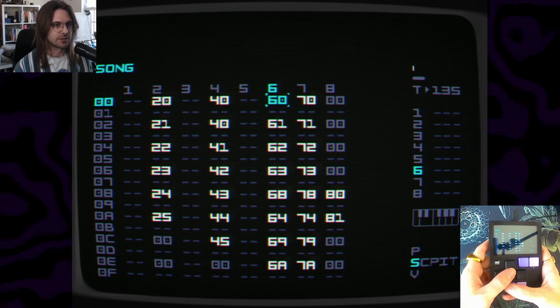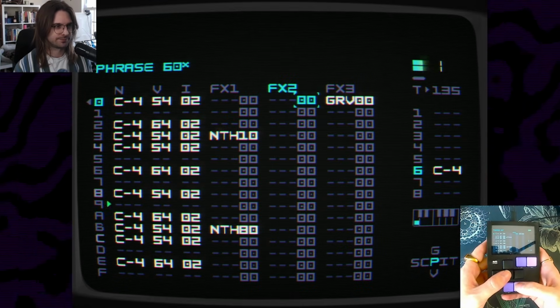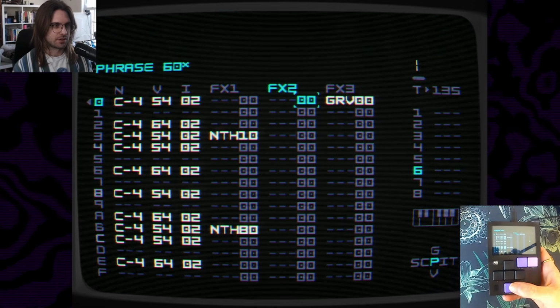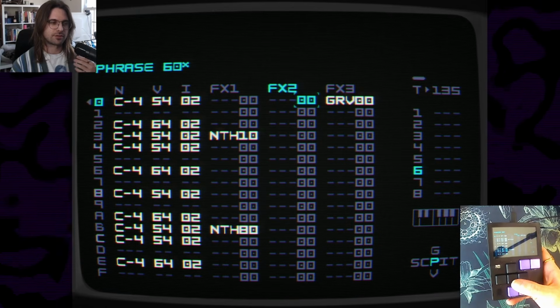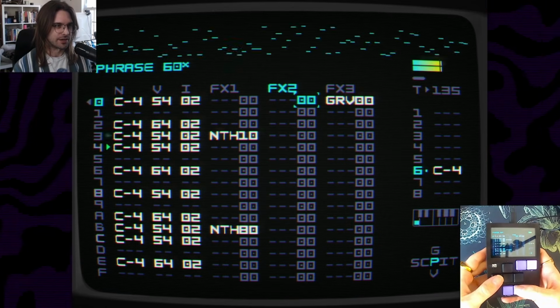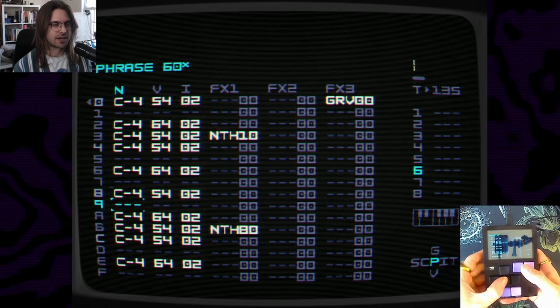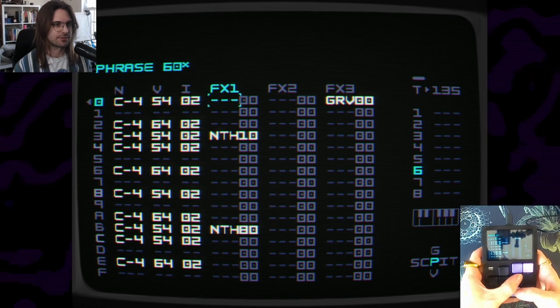If we go into this, which is the hi-hat pattern, all of these steps are an equal distance apart from one another right now. So each row is acting like an evenly divided 16th note.